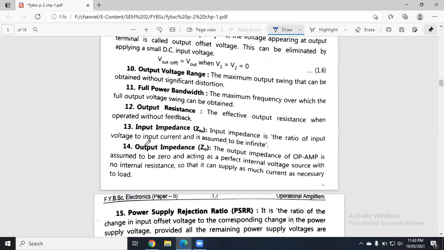Output impedance: the output impedance of an op amp is assumed to be 0, acting as a perfect internal voltage source with no internal resistance, so that it can supply as much current as necessary to the load. Whatever is the requirement of the load, the op amp should provide sufficient voltage to the load.